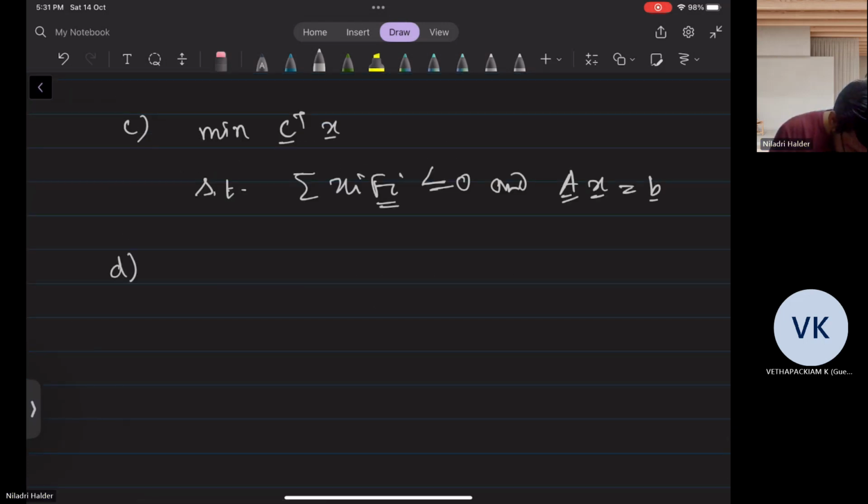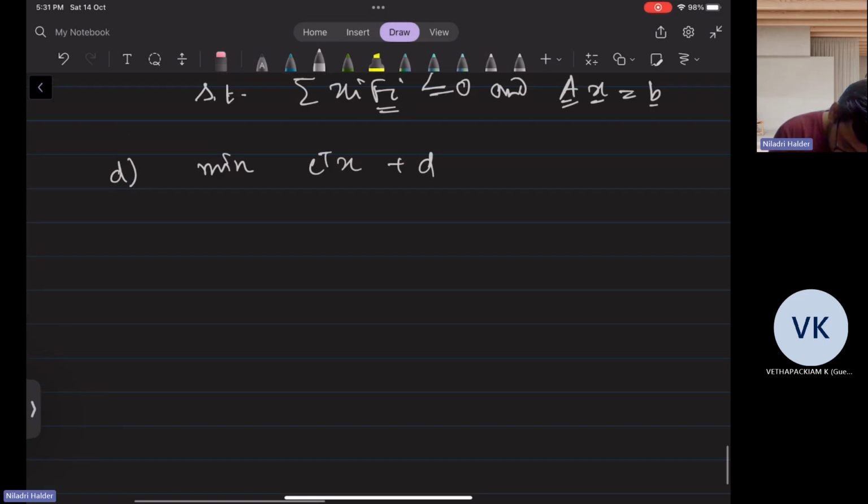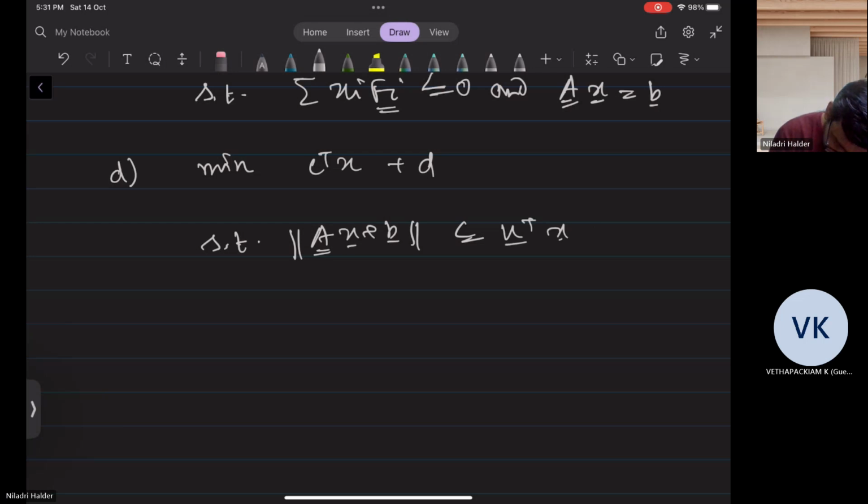Option D minimize c transpose x plus d subject to x plus b equal to u transpose x plus b.